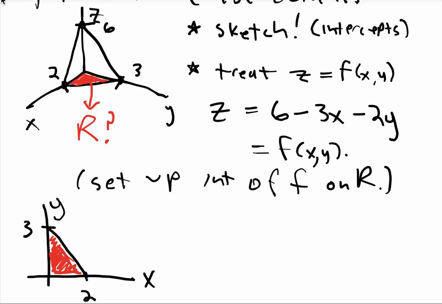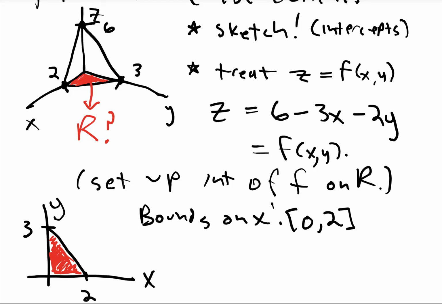At the very least, your bounds on x should be pretty clear if I want to set this up as a type 1 region, right? My bounds on x are going to go from 0 to 2.